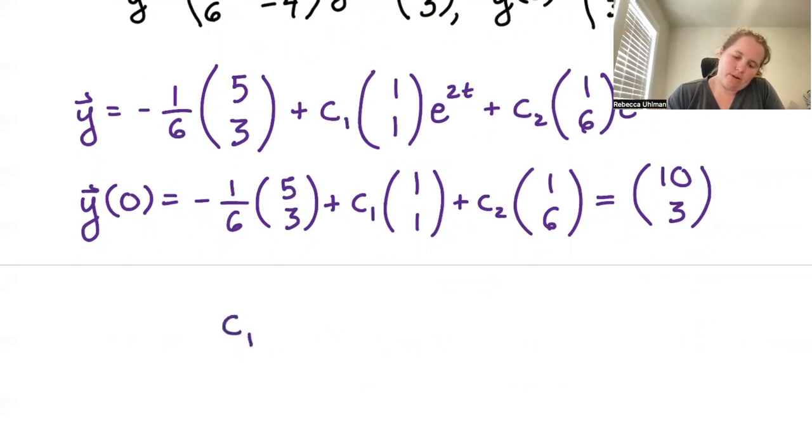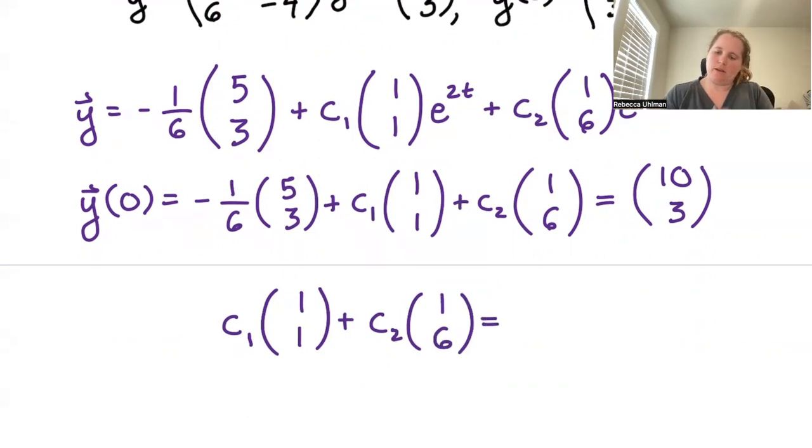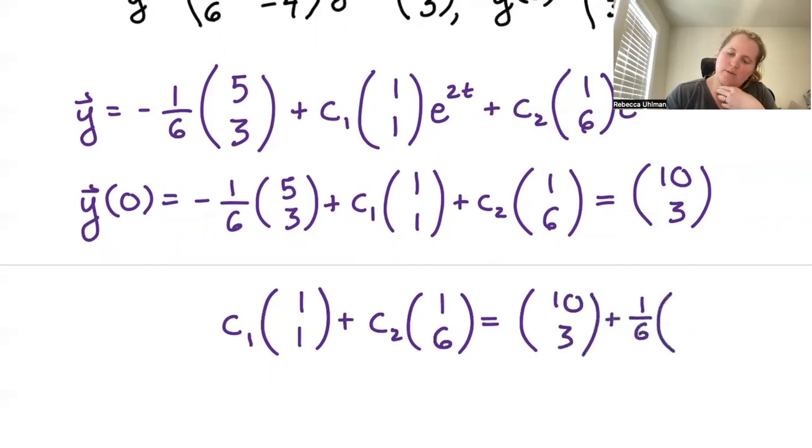So we have c1 times 1, 1 plus c2 times 1, 6 is equal to 10, 3 plus 1/6 times 5, 3. I'm going to go ahead and just multiply everything through by 6, so I don't have to work with fractions.